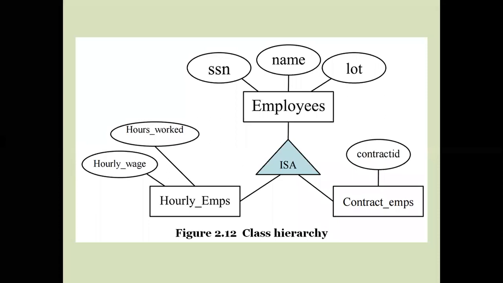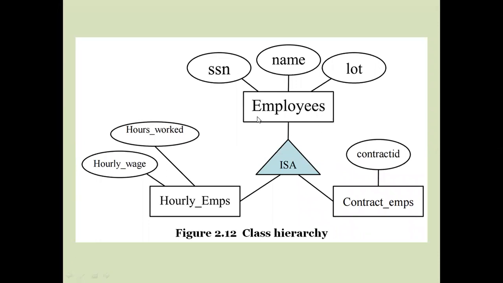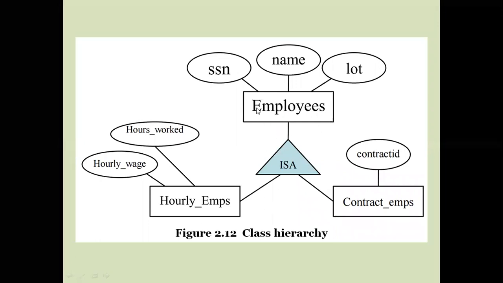From the exam point of view, if they ask what is specialization and what is generalization, the representation is the same, but the explanation is different. If we explain from the main class to the subclasses, it is specialization. If you explain from the subclasses to the main class, it is generalization.